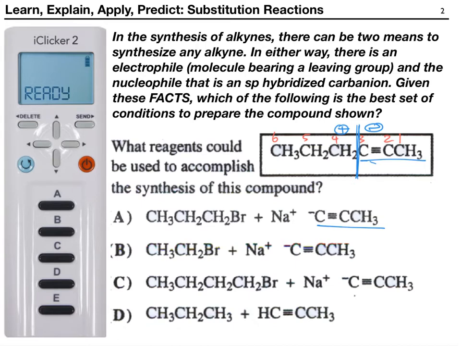What two other carbon compounds could we use to make this? One's going to be an alkyne, so in the chat, put the name of the alkyne. One's going to be an alkane, put the name of the alkane. We're looking for the other pair.